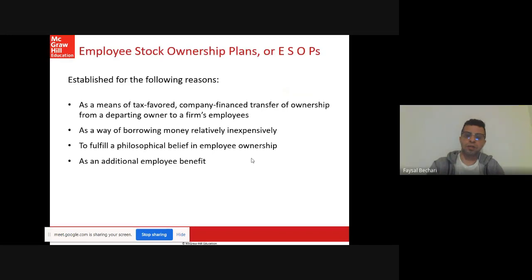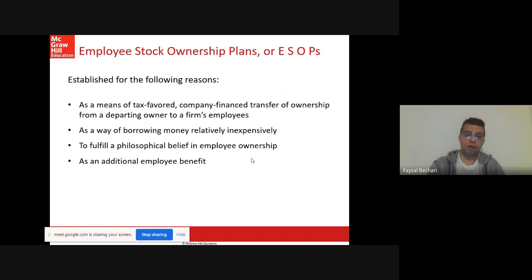It is a way to finance the transfer of ownership from a departing owner to the firm's employees, so there is not one owner but multiple owners. It's a relatively inexpensive way of borrowing money, because when you have stock it's easy to borrow from the company or from outside.